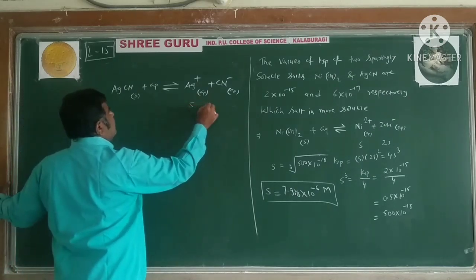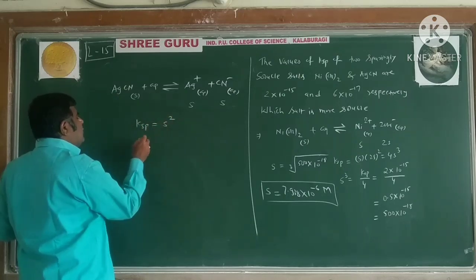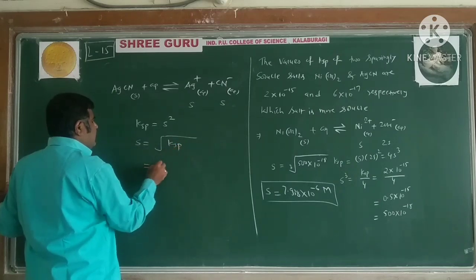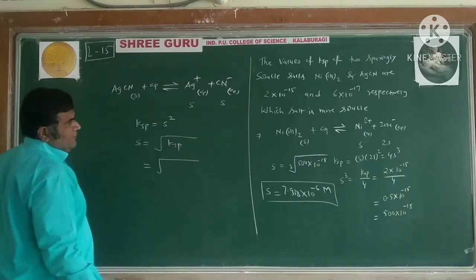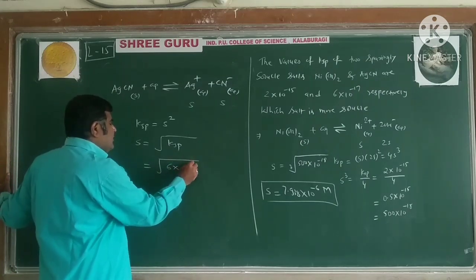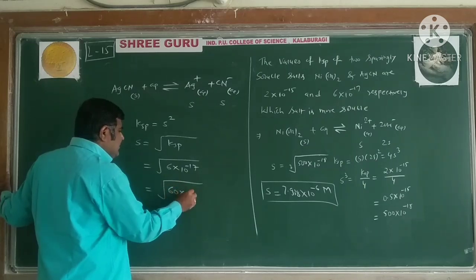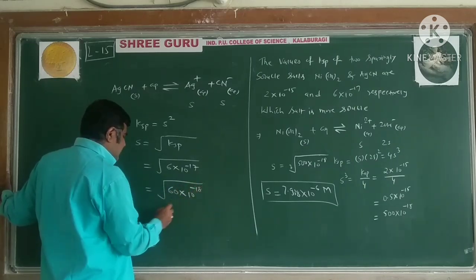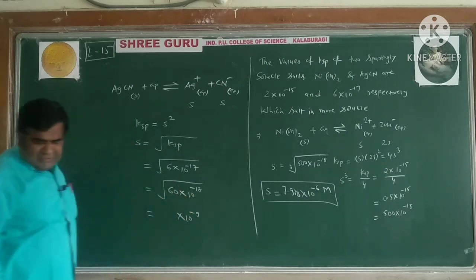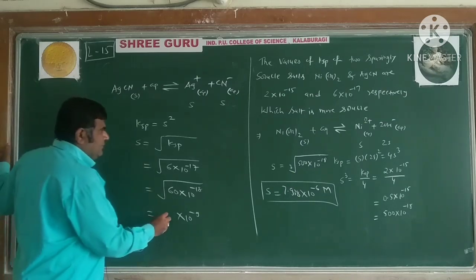This is S, this is S. KSP is equal to S square. S is the square root of KSP, 6 into 10 raised to minus 17. We can write this as 60 into 10 raised to minus 18. Minus 18 gives minus 9. The square root of 60 is 7.8.